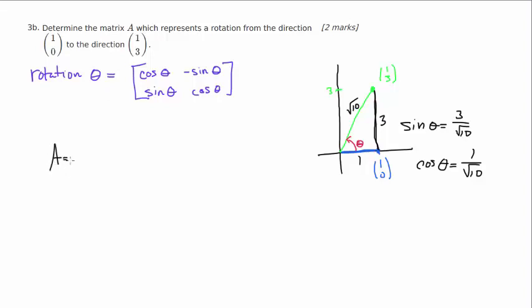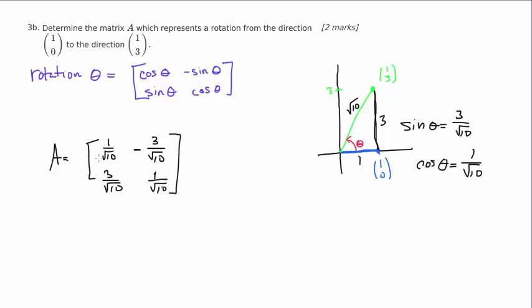So now if I go back and think about my matrix A, I can see that A is equal to cosine theta, which is 1 over the square root of 10, negative sine theta, so negative 3 over the square root of 10, then the sine of theta, and again the cosine of theta.